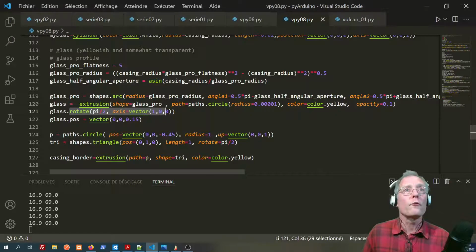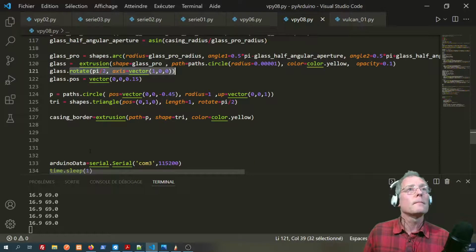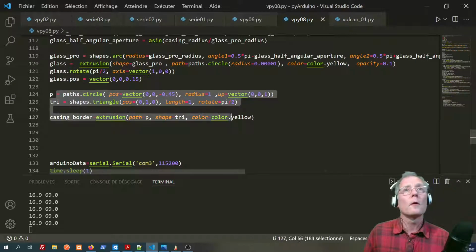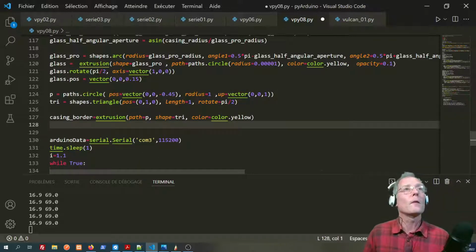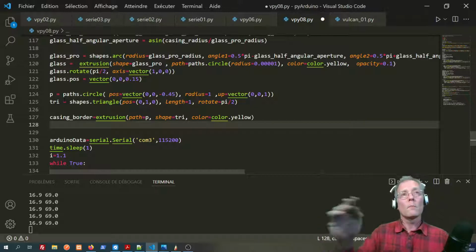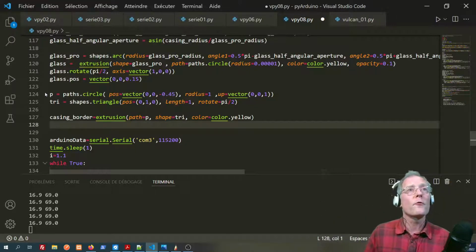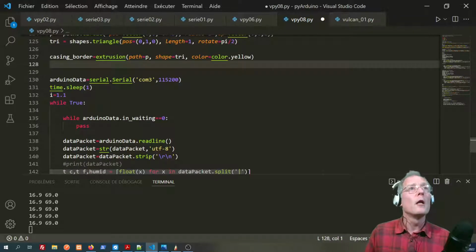Then I have to rotate it to put it in the right way. Then it's just here for the brass casing border. I use a triangle and I extrude it all around. Nothing very special.